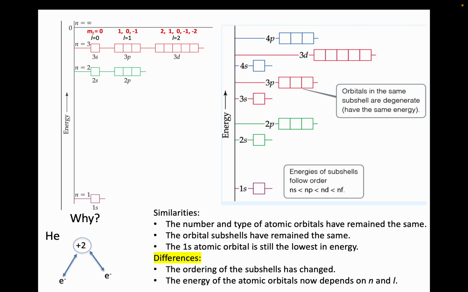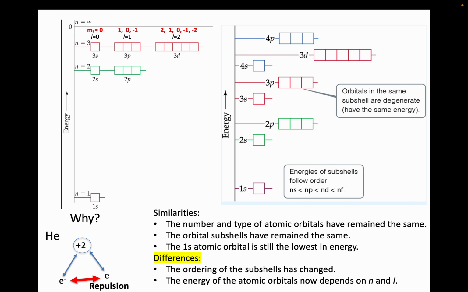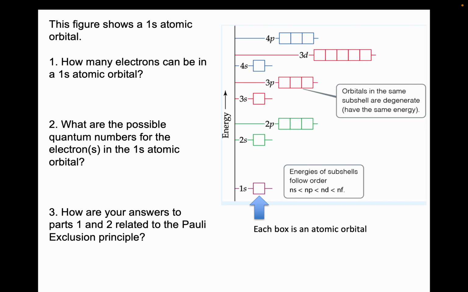Turns out when we have 2 electrons, that makes a big difference because now we have interactions between those electrons themselves, repulsions that are acting between them. This additional repulsion is going to lead to changes in the relative ordering of the energy levels. That's something we look at quite a bit in Chapter 7, but we're going to use that idea in today's class when we determine the electron configuration.